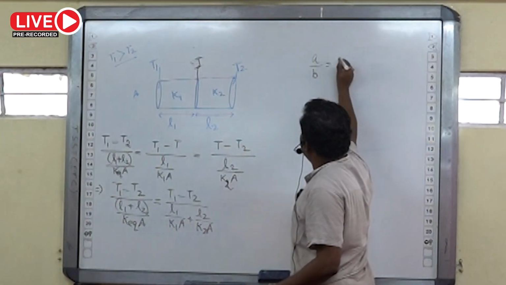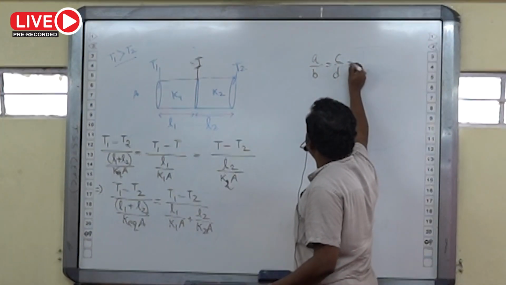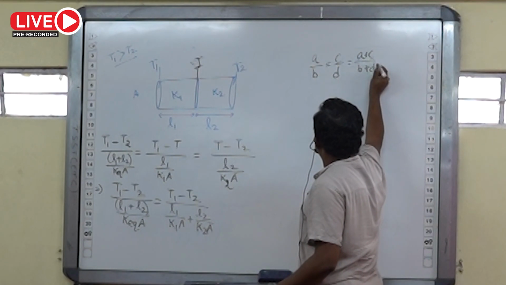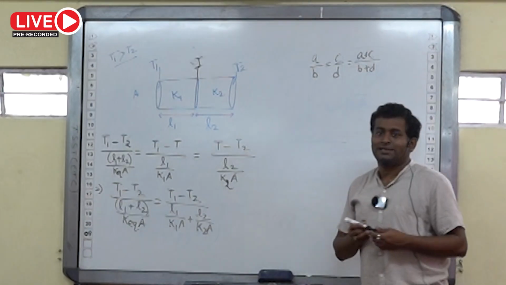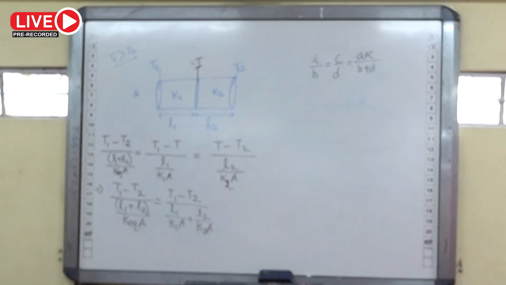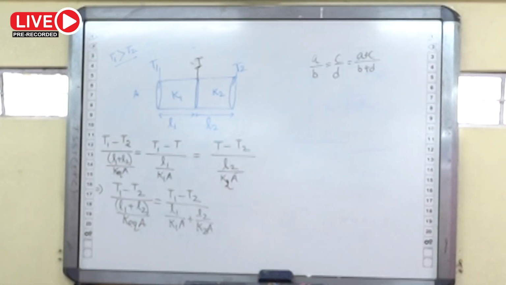A by B equal to C by D is there. I write each of them equal to A plus C divided by B plus D. This is called addendo. There is a technique of algebra that is called addendo.